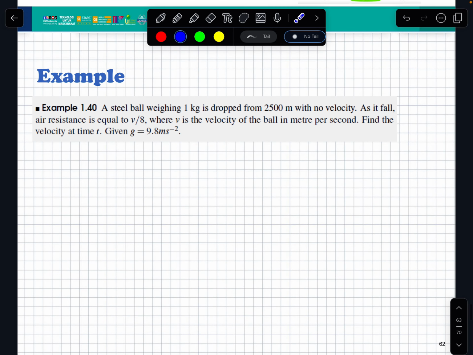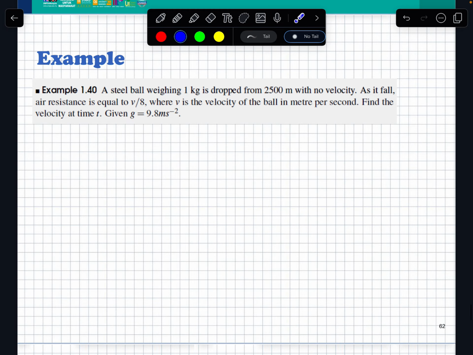Example 1.40. A steel ball weighing 1 kg is dropped from 2500 meters with no velocity. As it falls, air resistance is equal to V over 8, where V is the velocity of the ball in meters per second. Find the velocity at time t given g equal to 9.8 meters per second squared. So we are given the weight.